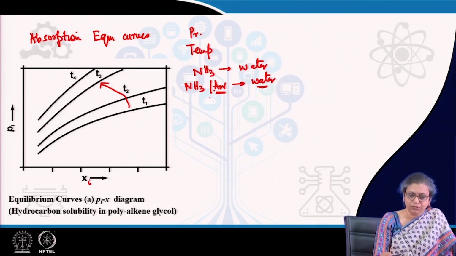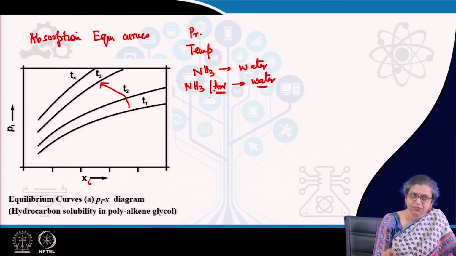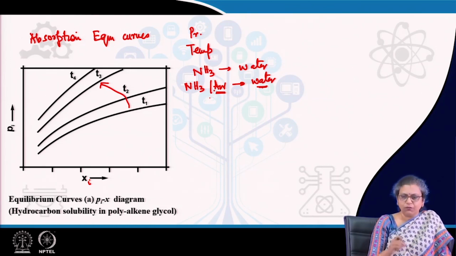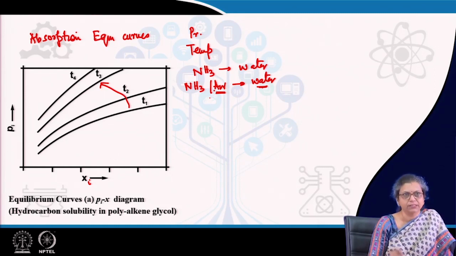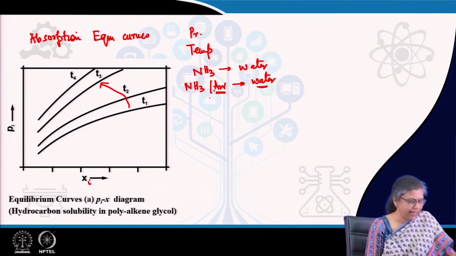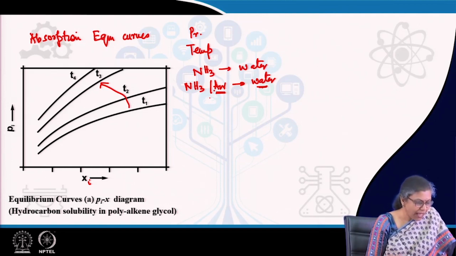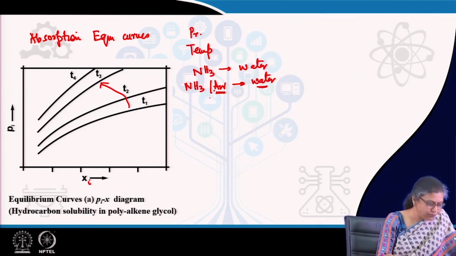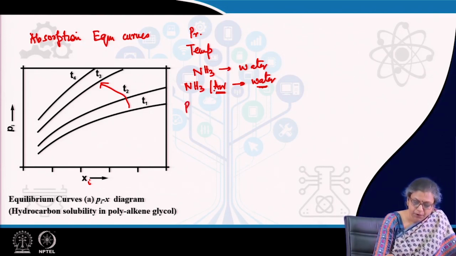Also it is important to note that suppose in the solvent there is a non-volatile solute dissolved. For example, in water suppose we add some salt. Quite naturally under that condition also this particular equilibrium curve is not going to be applicable. And just as an example, suppose we have propane and butane.